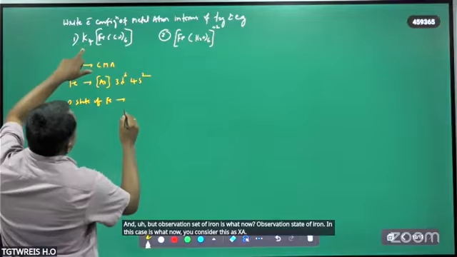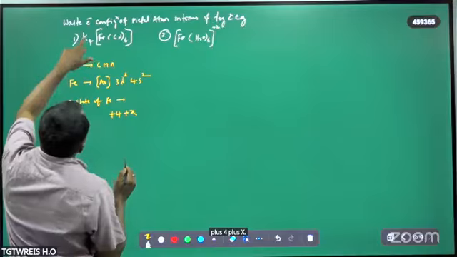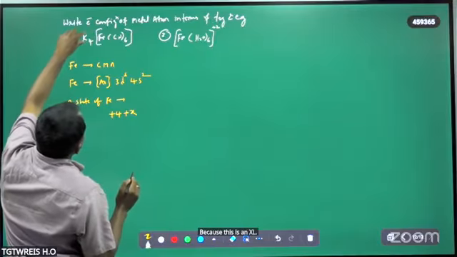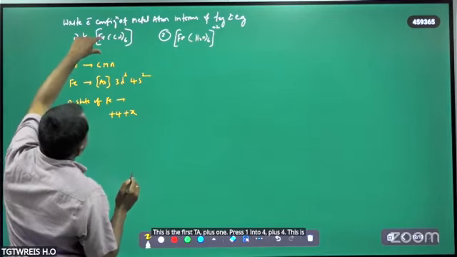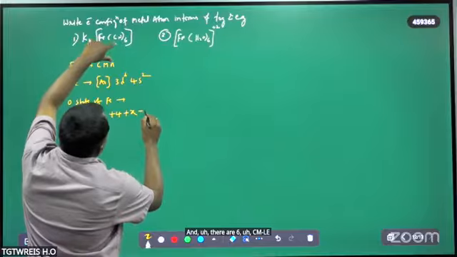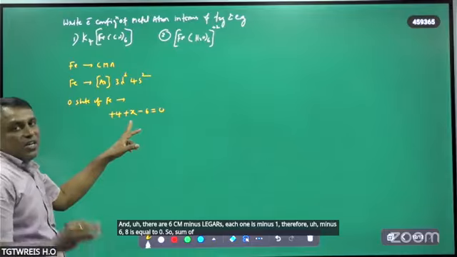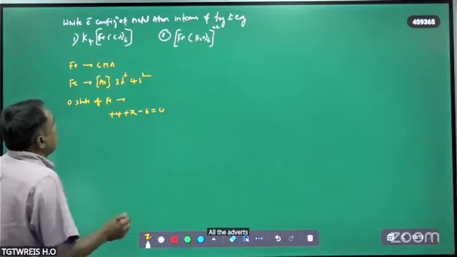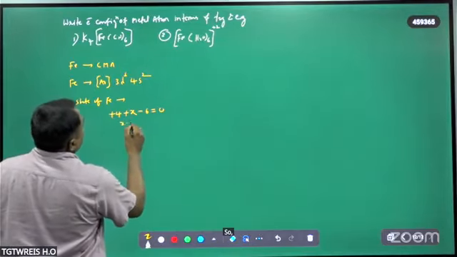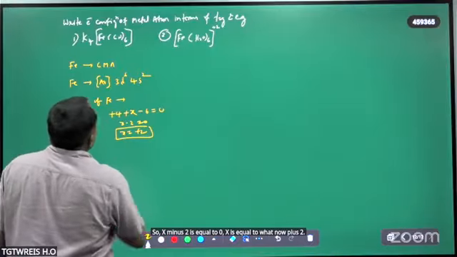This is plus 4 from potassium, plus x for iron, and there are 6 CN minus ligands, each one is minus 1, therefore minus 6, and the sum of oxidation numbers of all the elements must be equal to 0. So x minus 2 is equal to 0. What is x? Plus 2.